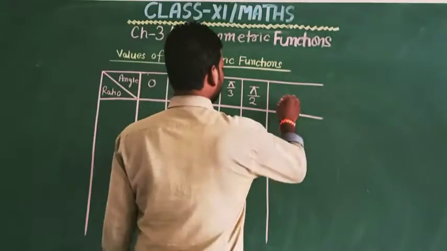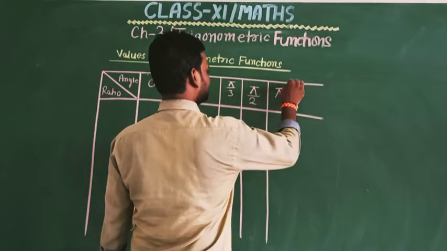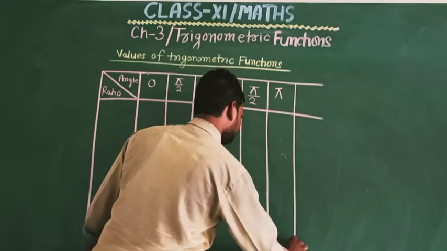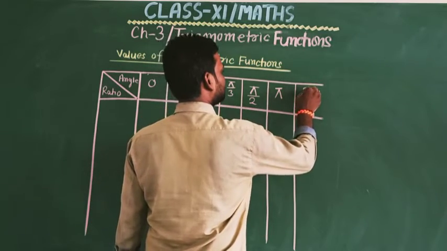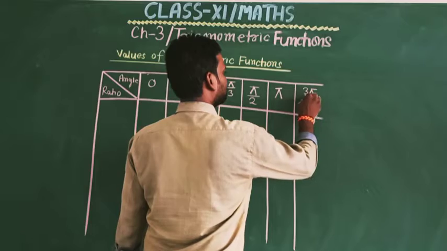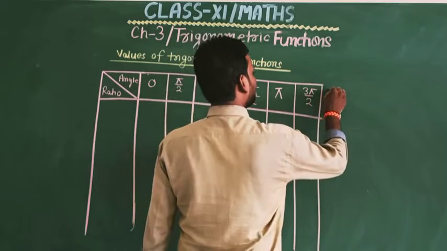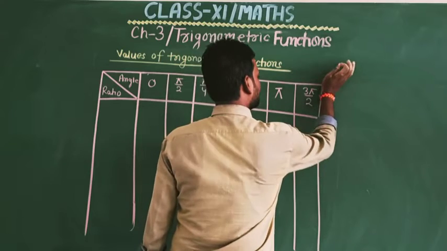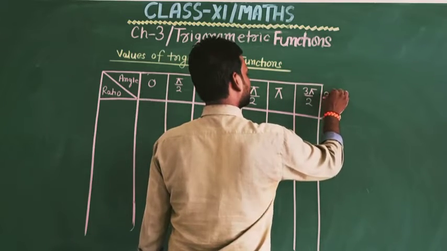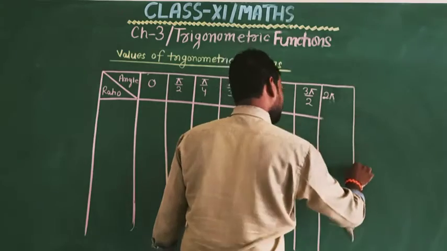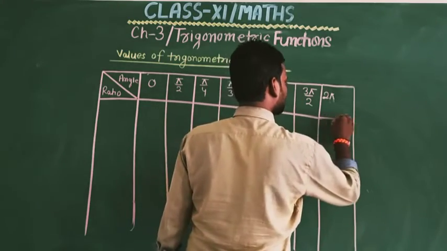Next is pi radian. Next is 3 pi by 2 radian. Next is 2 pi radian.